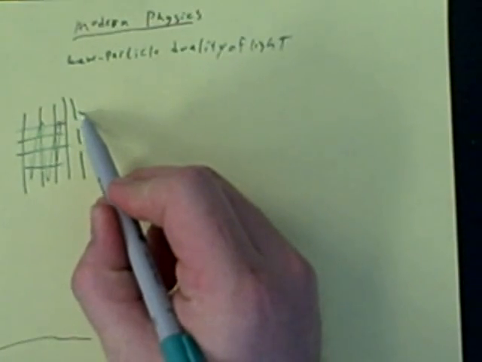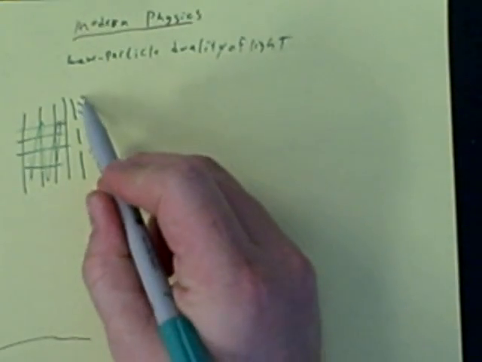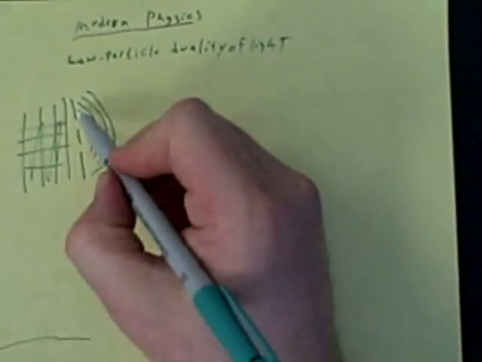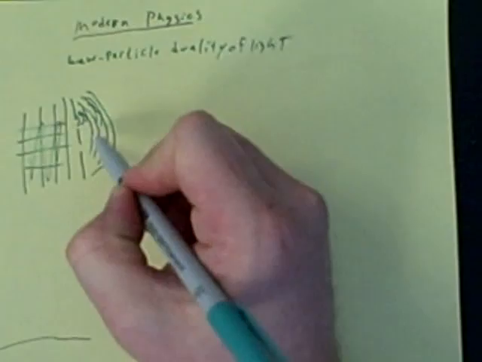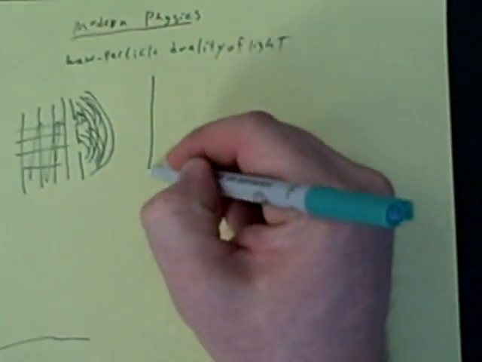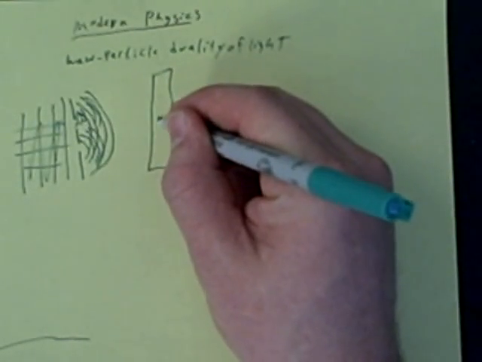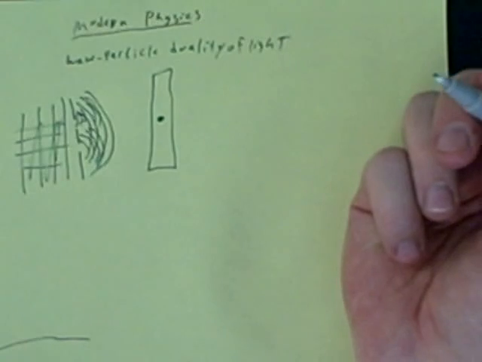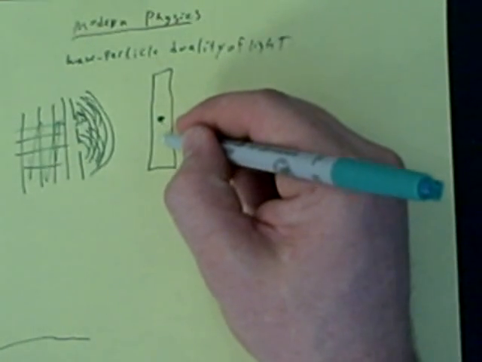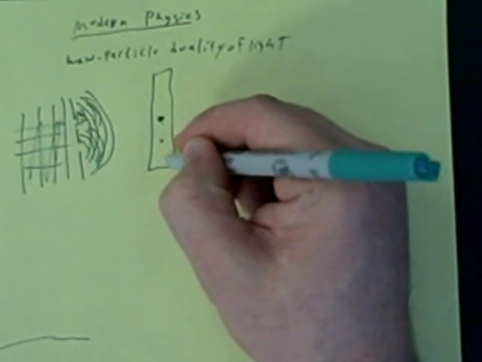It would then do something along these lines, and it would bend, and because of that it's going to bend from this one, and it's going to bend from this one. And you see over here on your screen bright spots. I'll just represent with a dot. So if this was a laser, you would see a dot. Then you would see nothing, nothing, nothing, nothing, and another dot, and nothing, nothing, nothing, and another dot.